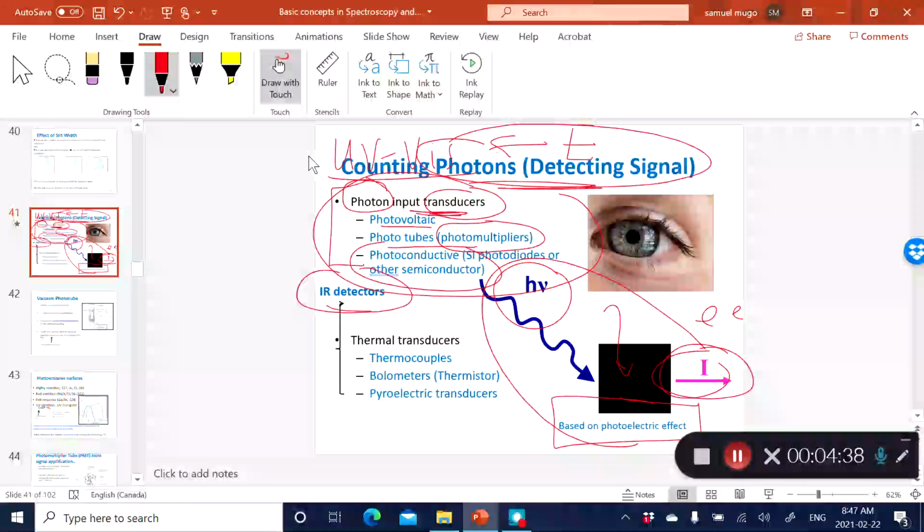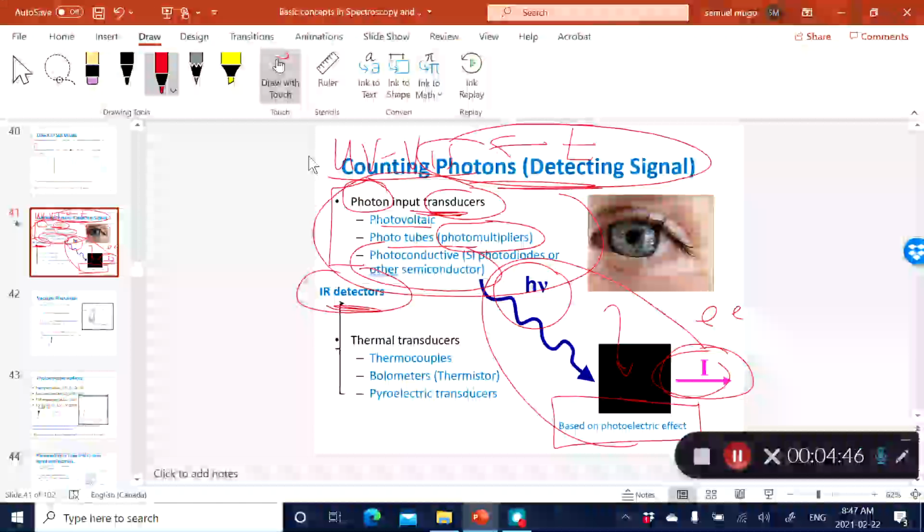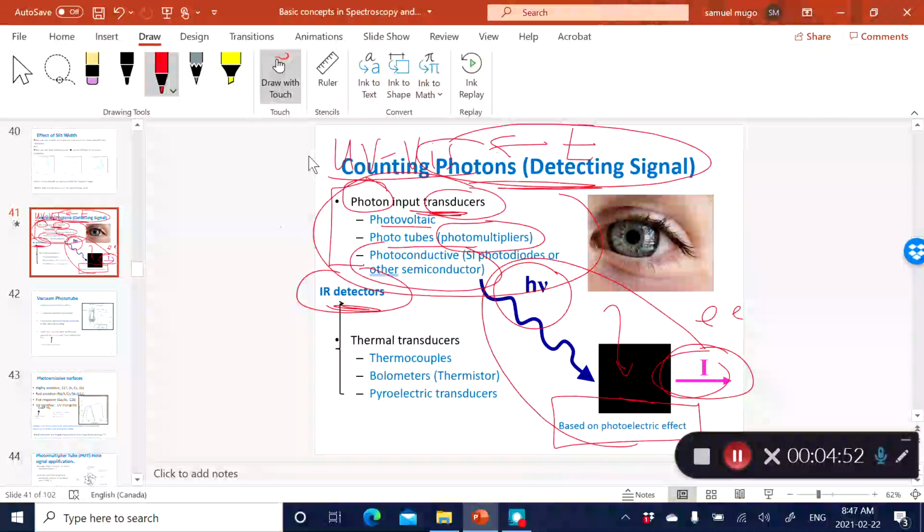Now, for the IR or heat, the energy is not big enough to cause electronic transitions. And as such, you cannot use things like photomultiplier tubes as detectors for the IR.